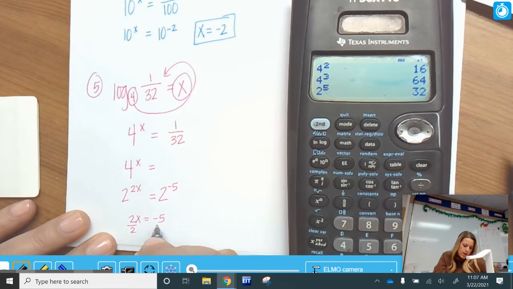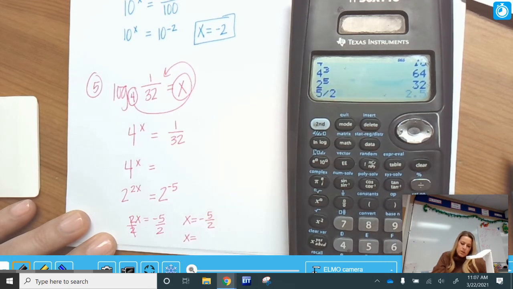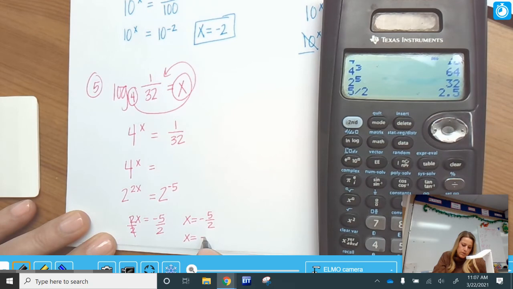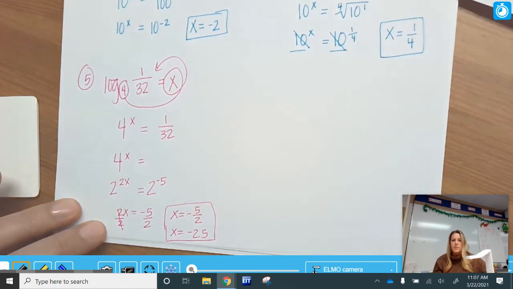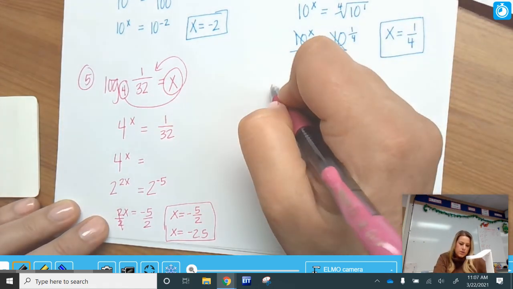And when I divide by 2, I get x equals negative 5 over 2. I could make this a decimal as well, so negative 2.5. Either one of those would work. All right, last one we're going to do together.